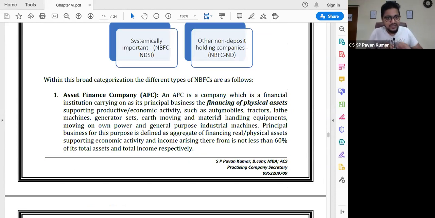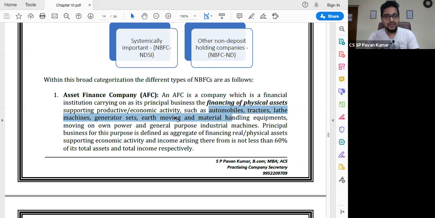Starting with asset financing companies. An asset financing company is a financial institution whose principal business is financing of physical assets. Physical assets are big assets like automobiles, tractors, lathe machines, generator sets, earth moving machines.